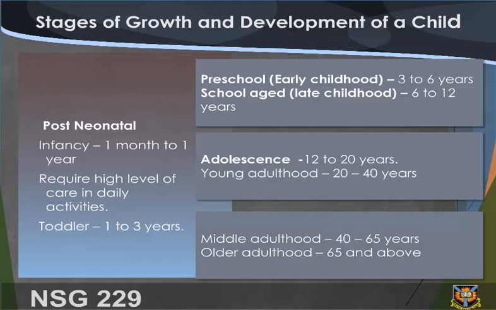Postneonatal infancy, 1 month to 1 year, requires a high level of care in daily activities. Toddler, 1 to 3 years. Preschool, early childhood, 3 to 6 years. School-aged, late childhood, 6 to 12 years. Adolescence, 12 to 20 years. Young adulthood, 20 to 40 years. Middle adulthood, 40 to 65 years. Older adulthood, 65 and above.